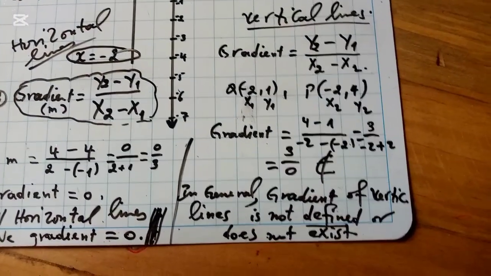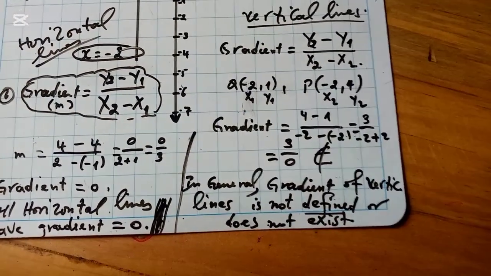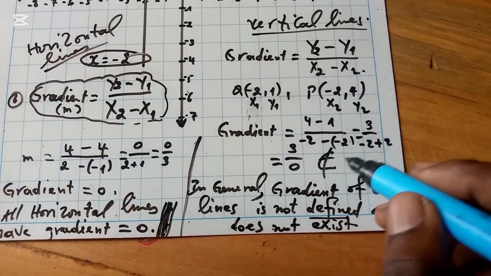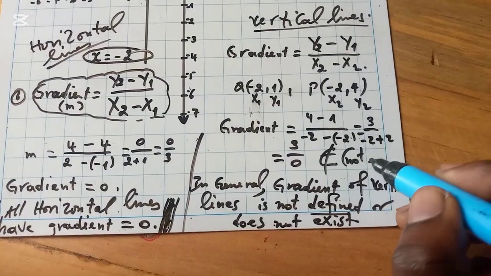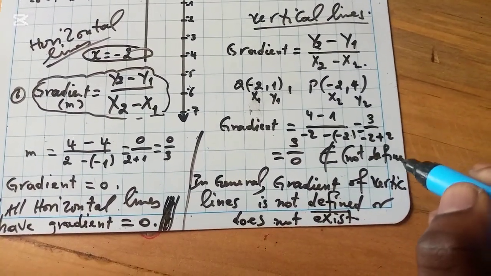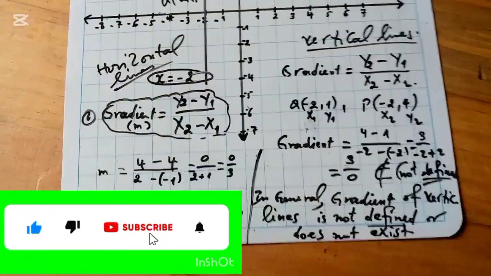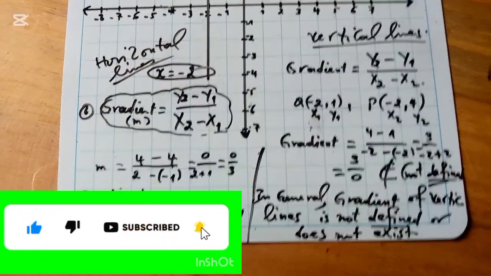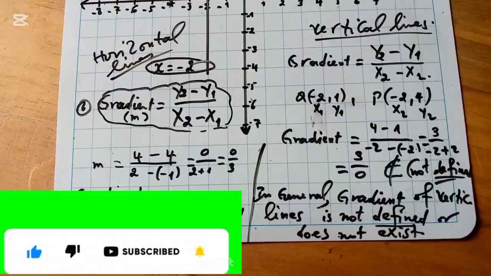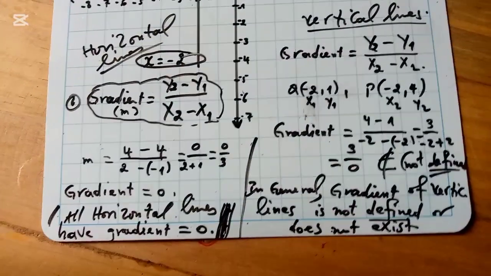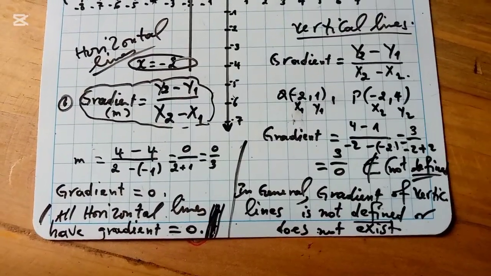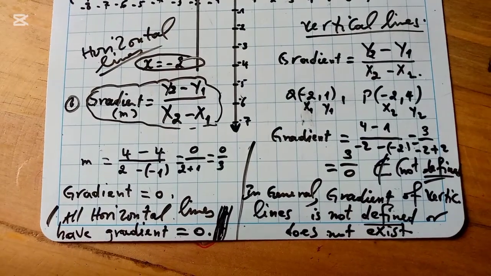The gradient of vertical lines is not defined. Right? Okay, this is how to find the gradient of horizontal lines and vertical lines.